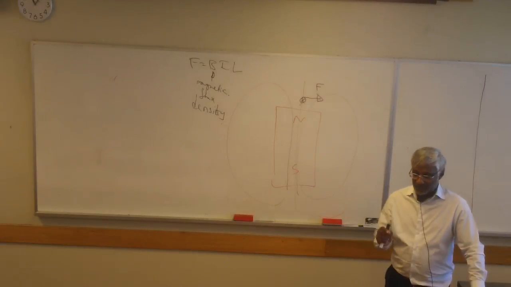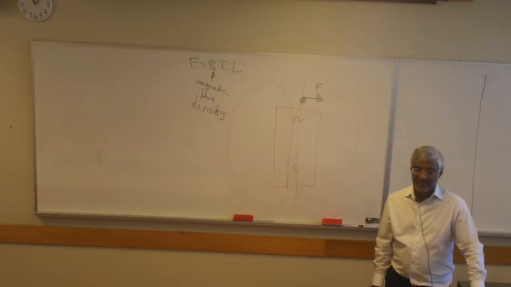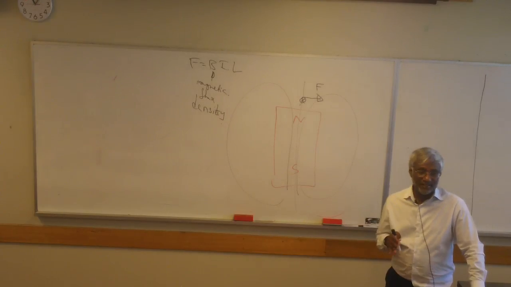So if at a particular point you have high flux density, then it means that there will be a magnetic influence that's very high at that point. You can go from flux density to amount of flux by multiplying the flux density by the area, because flux goes through an area.